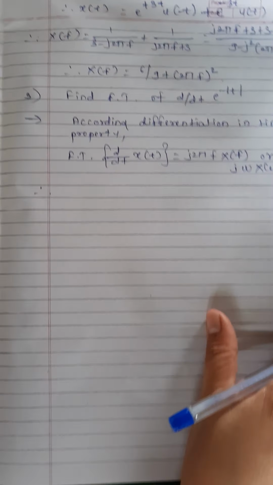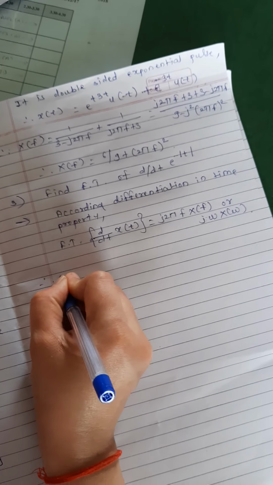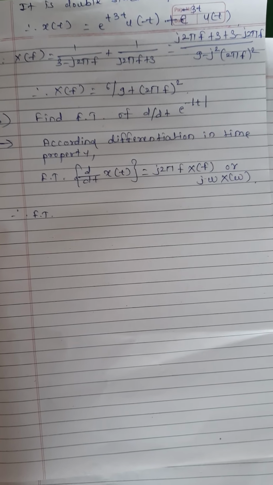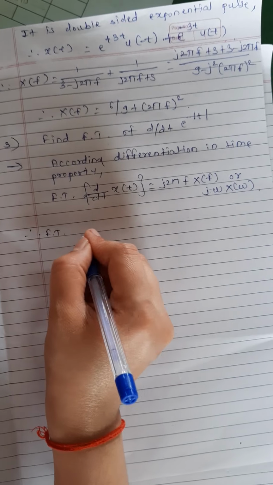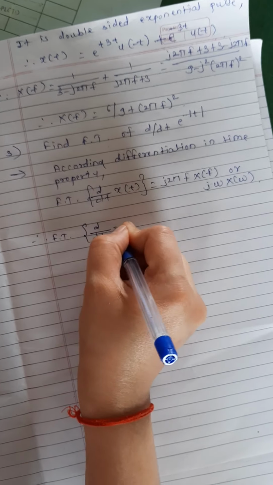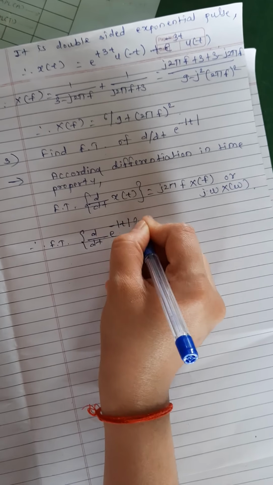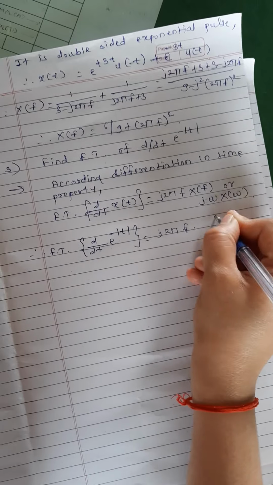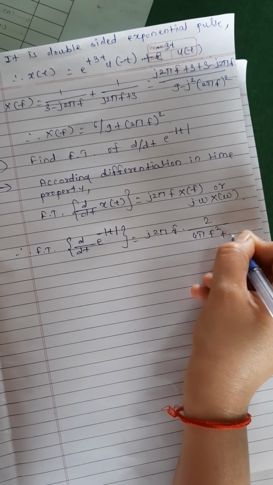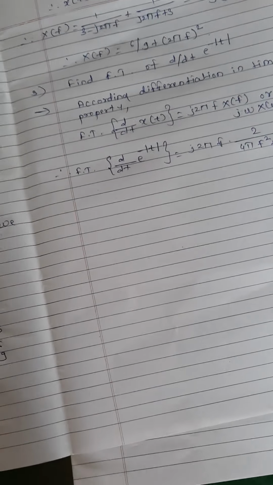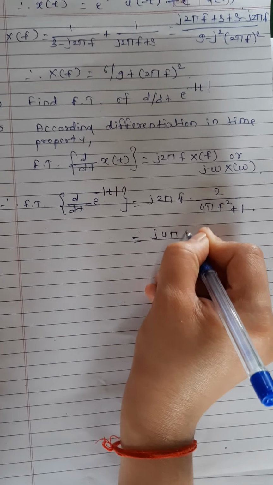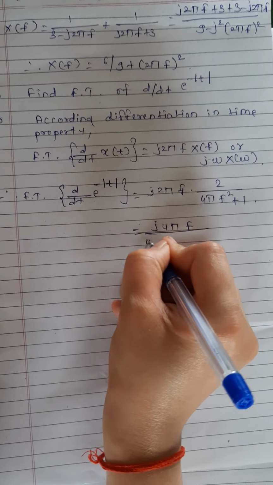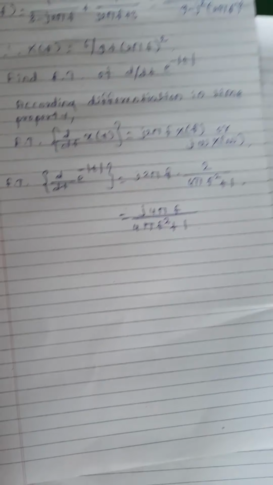Therefore, the Fourier transform of d by dt of e raised to minus of mod of t is j2 pi f into 2 by 4 pi square f square plus 1, that is j 4 pi f divided by 4 pi square f square plus 1.